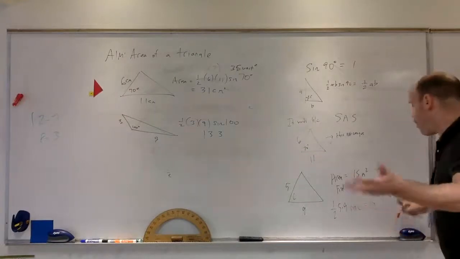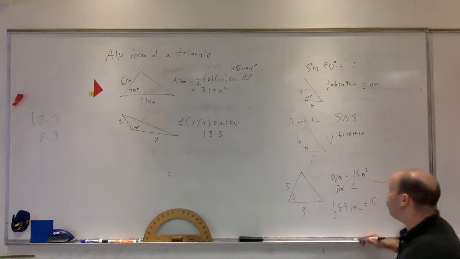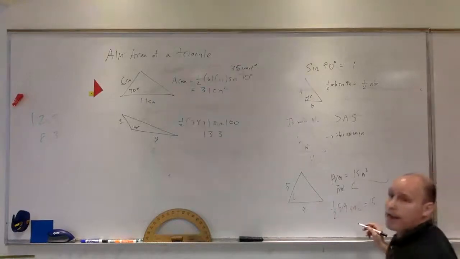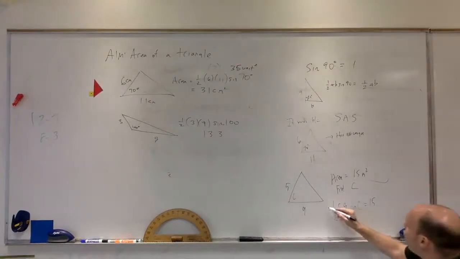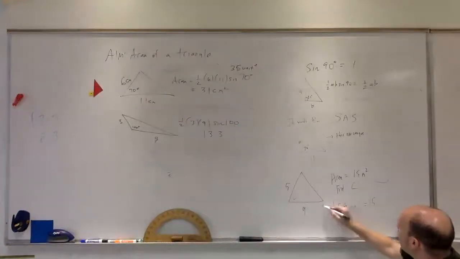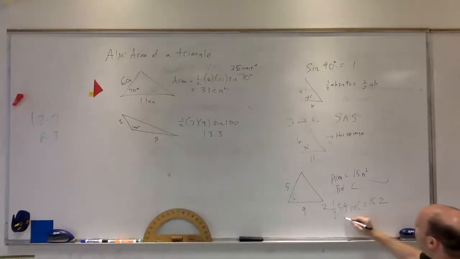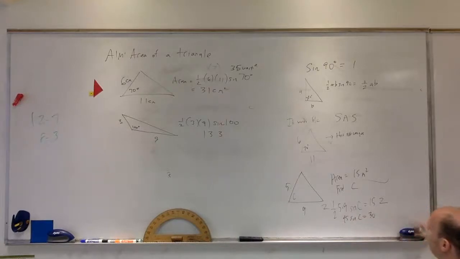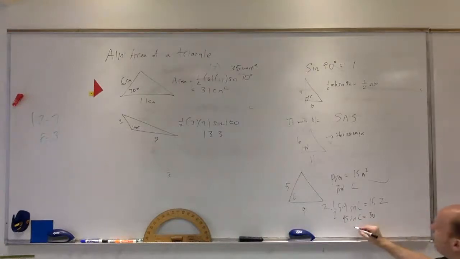Just isolate the sine C. So multiply both sides by 2. So we have 45 sine C equals 30. And then you solve for sine of C. Sine of C equals 30 over 45, which is 2/3.